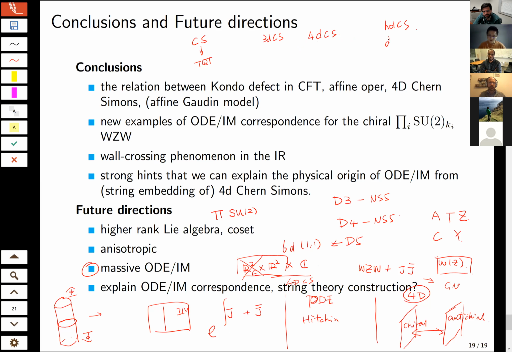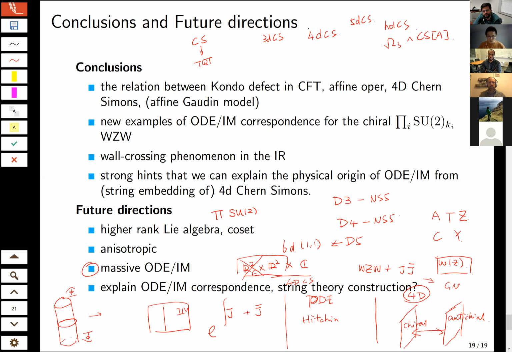There you have a three-form wedge the Chern-Simons three-form, so it's like halfway between. From this point of view, you can also try to study a 5D Chern-Simons, which is holomorphic in some directions and topological in other directions. Yeah, so it'll be interesting to ask similar questions.